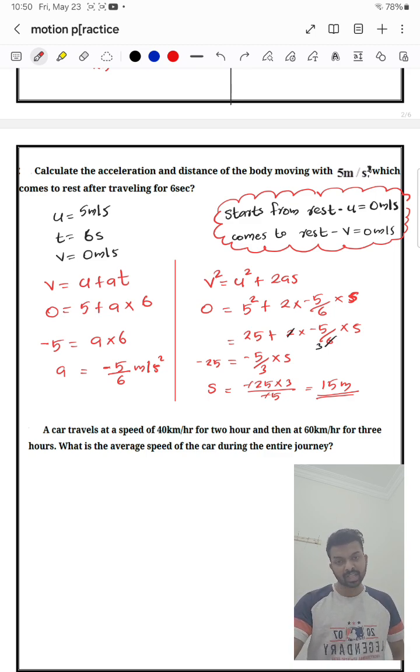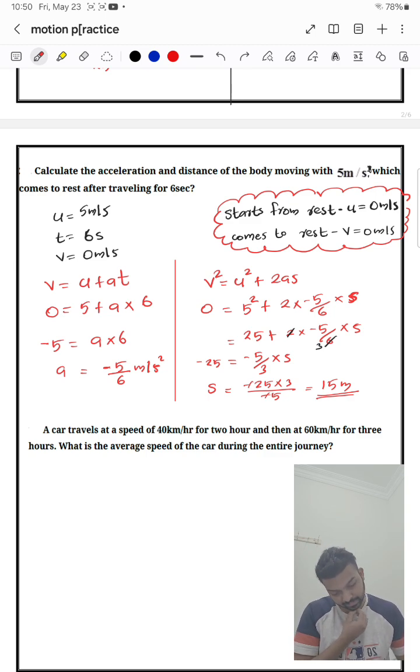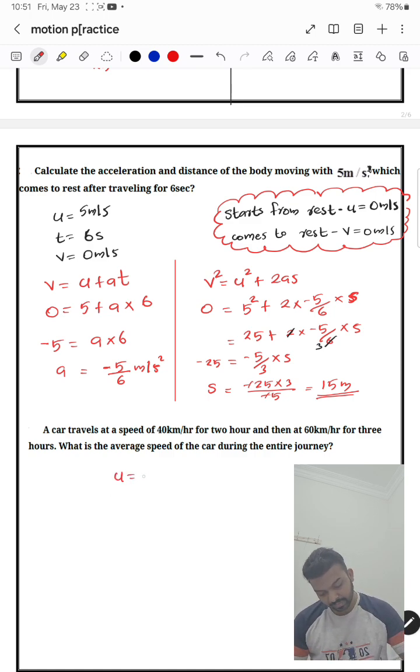Okay, so next is, a car travels at a speed of 40 km per hour. So what is happening? Let's see here, for 2 hours. So here u is equal to 40 km per hour, v is equal to 60 km per hour, and the time taken is how much?